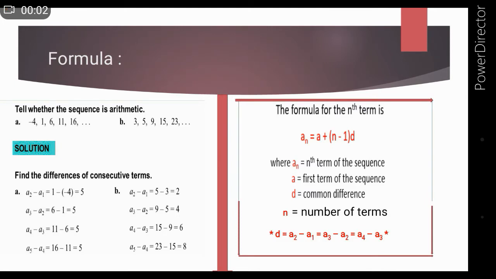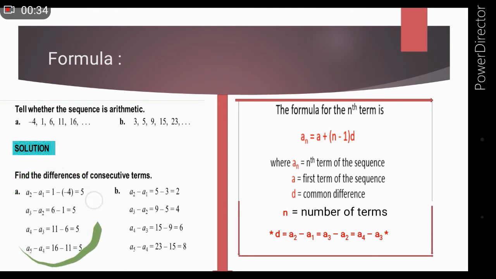Now I will explain this with these examples. Look at this example: 1, 6, 11, 16. Think about the definition of an arithmetic sequence, that the difference between two terms remains constant. Now look at its solution: A2 minus A1, A3 minus A2, A4 minus A3, A5 minus A4.